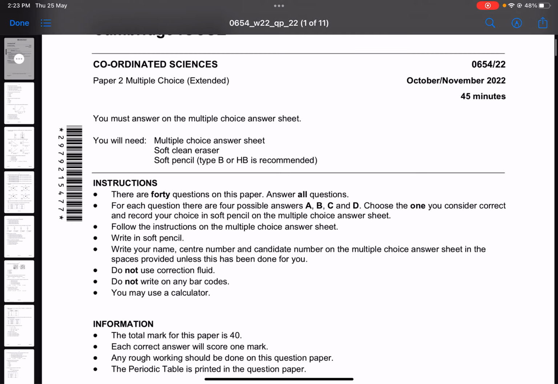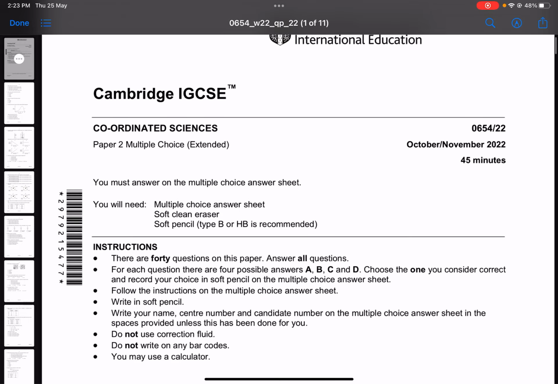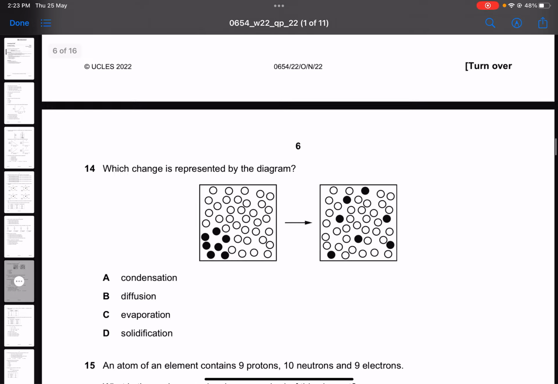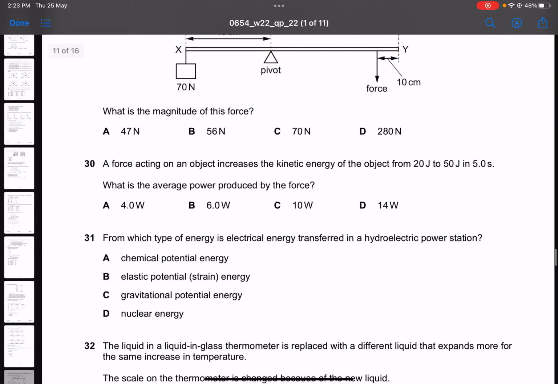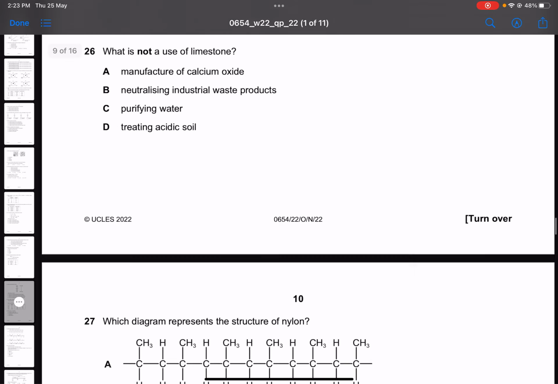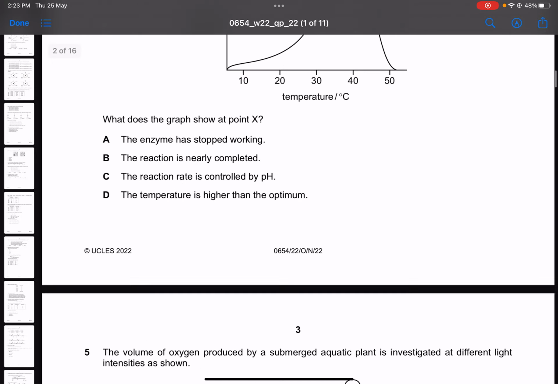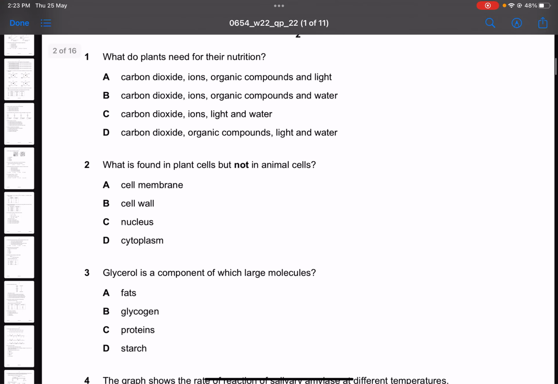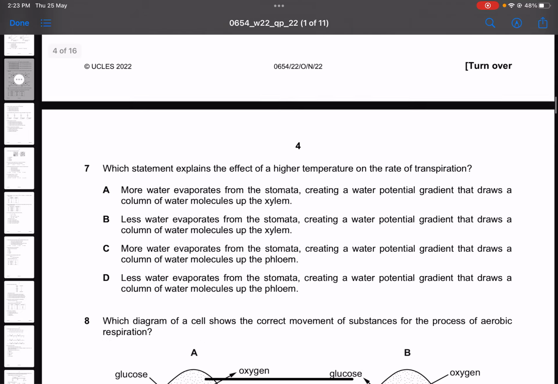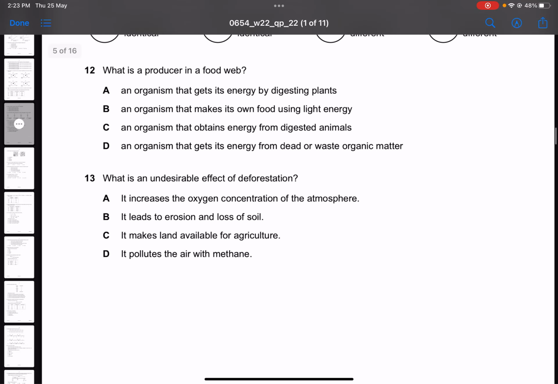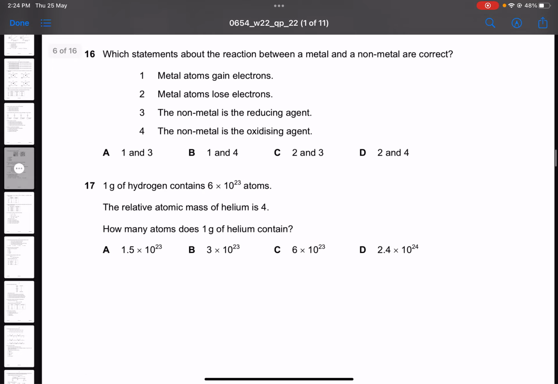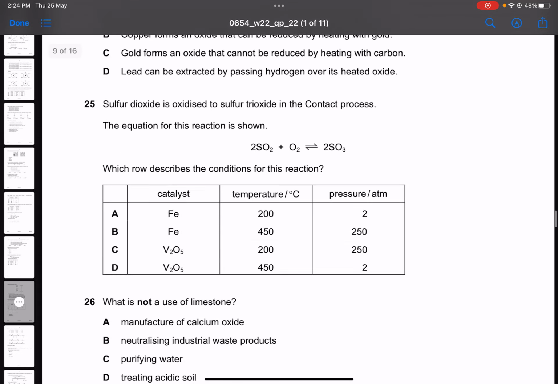So the instructions are all the same. There are 40 questions and so on. So let's directly jump to physics problems. If you wish, let me show you the problems, as proof. From the first, the plants, till question 13 is going to be biology questions, and 14 till 27, where is it?